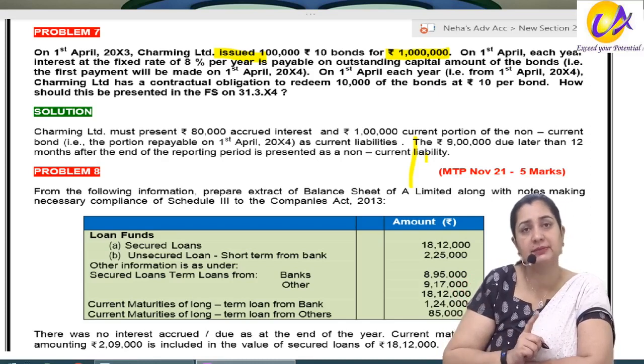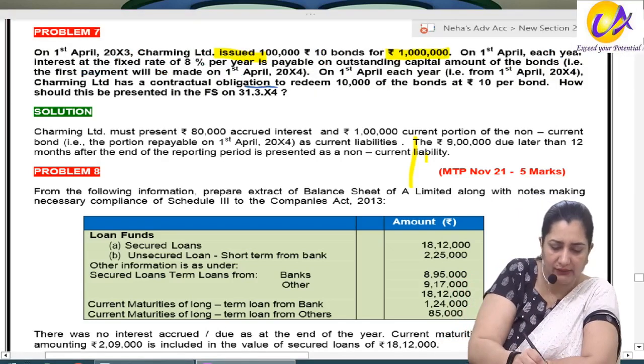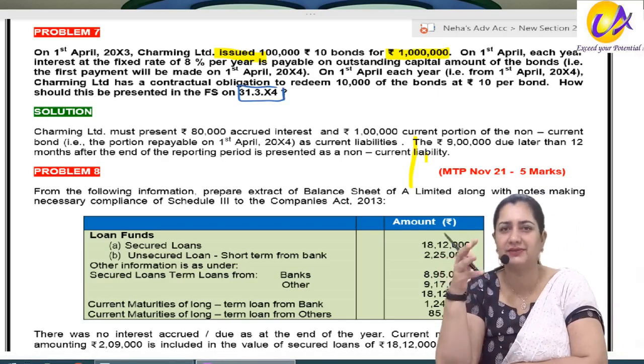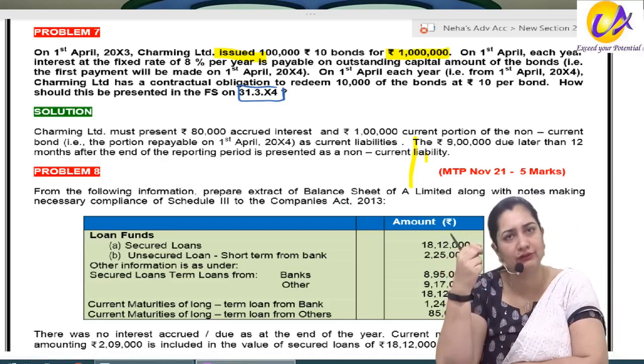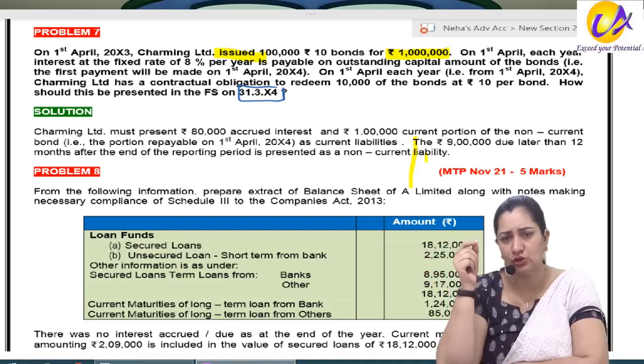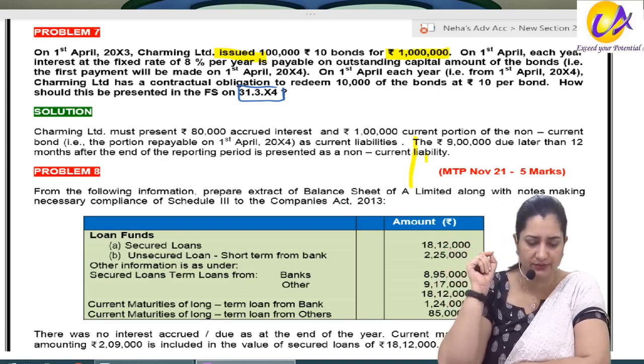How should this be presented in the FS? So 31st March X4 means we consider it, you can just call it 4, you can call it 24, you can call it 34. It is just an X. Okay. So 31st March X4. How will you show this? This is the question.